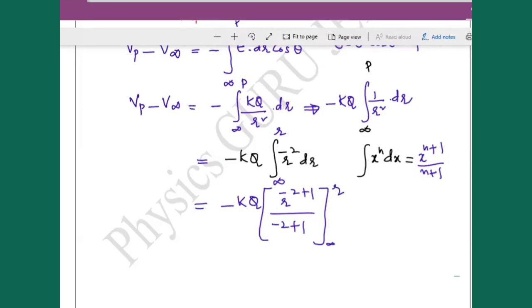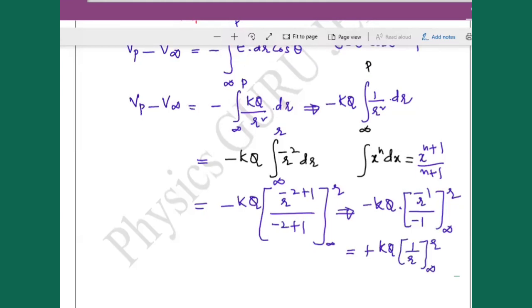So minus KQ into r to the power of minus 1 divided by minus 1, from infinity to r. The minus of minus becomes plus KQ into 1 by r, from infinity to r, upper limit minus lower limit.